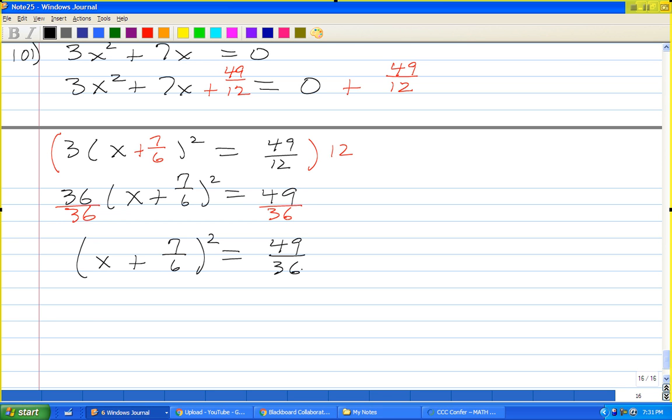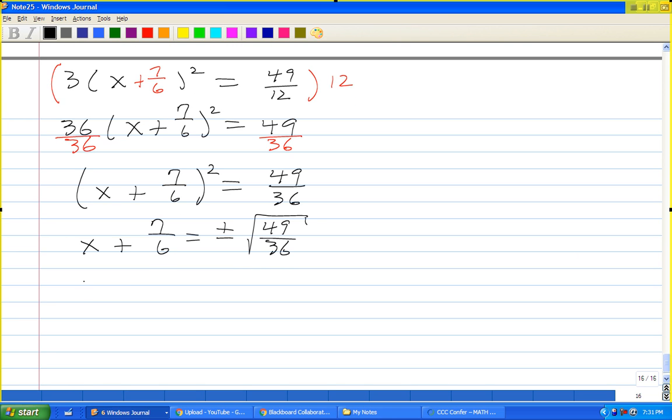By the square root property, I have that x plus 7 over 6 is equal to plus or minus the square root of 49 over 36, which is just 7 over 6.